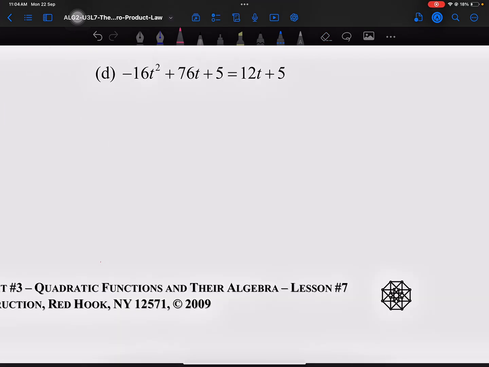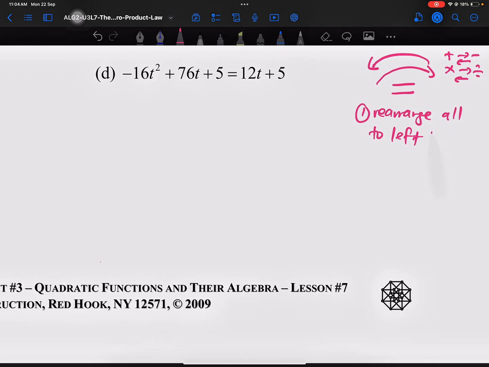So student, for this one, we just rearrange. Okay, remember, this is our fence. If we jumping, plus become minus, divide become multiply, and vice versa. Okay, now I want to first of all rearrange all to left side.